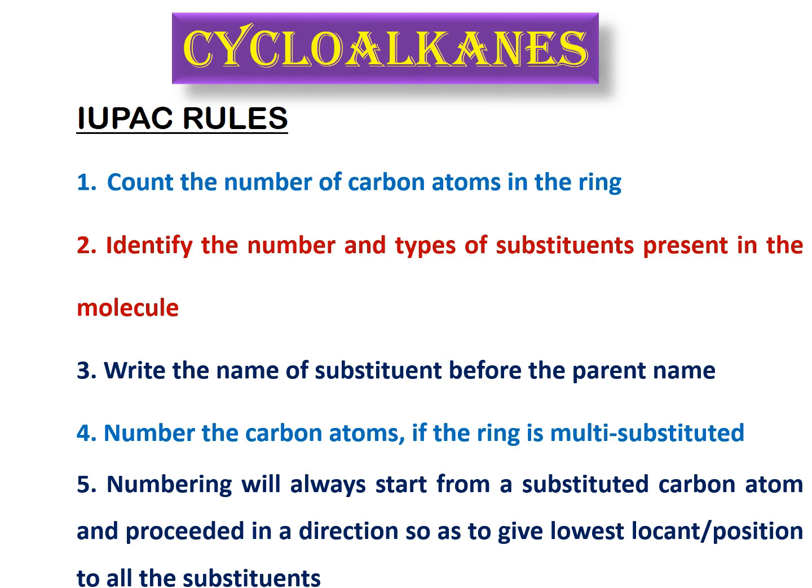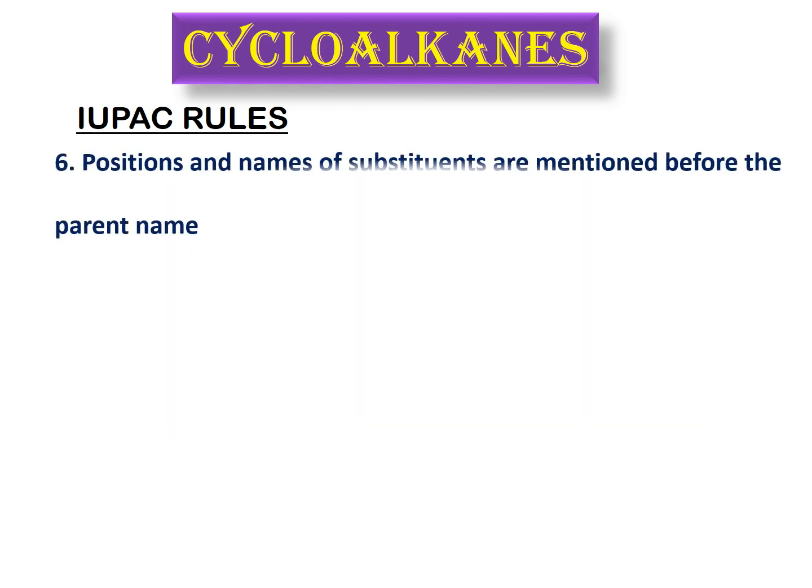So one of these substituted carbons will be your carbon number 1 in a multi-substituted cycloalkane. The positions and names of all the substituents are mentioned before the parent name, and you already know the rules when we were discussing the nomenclature of alkanes.